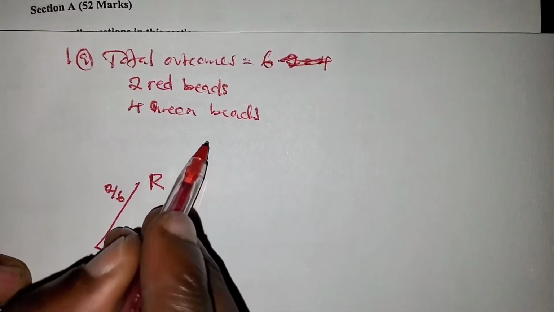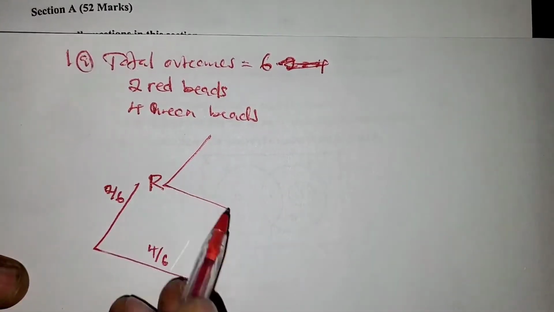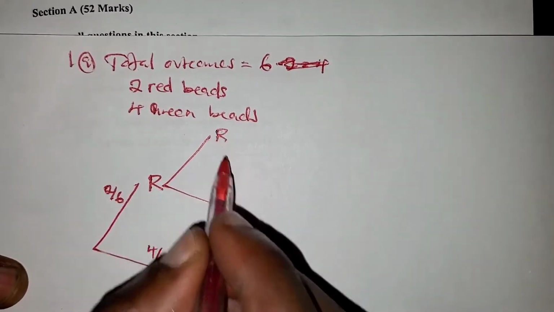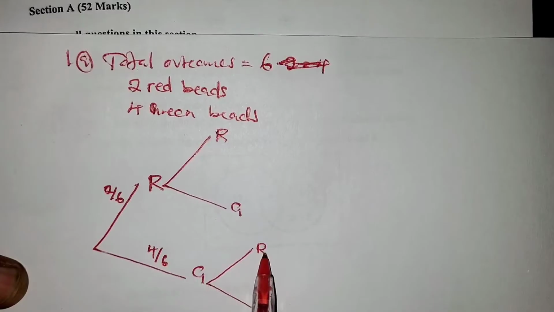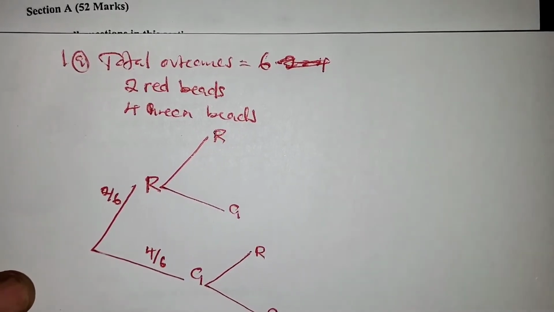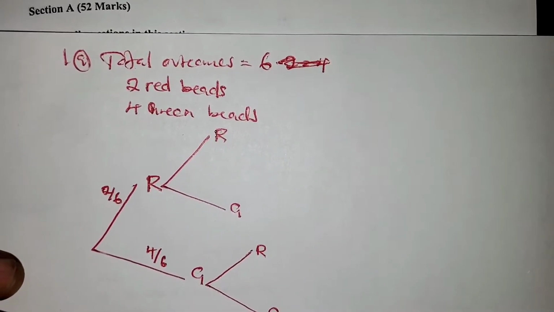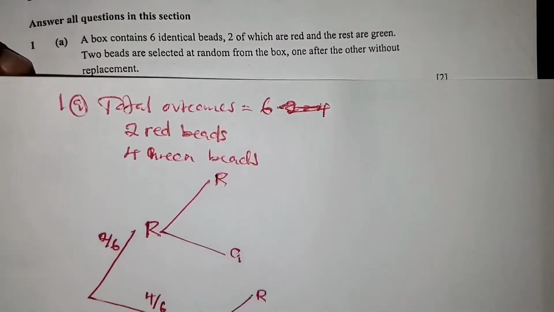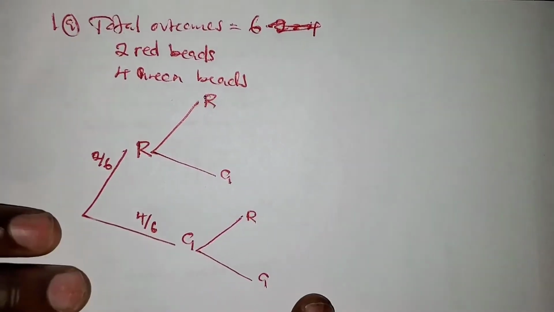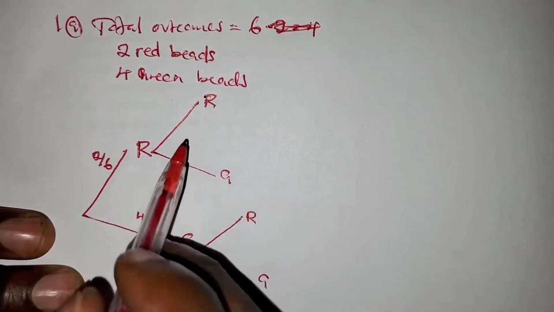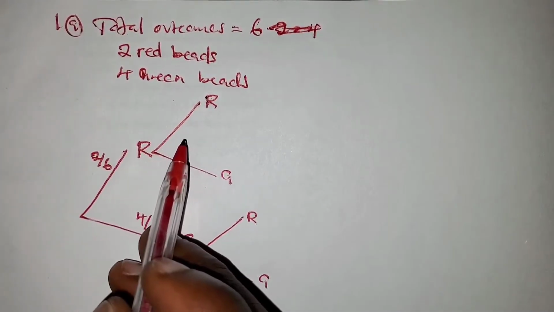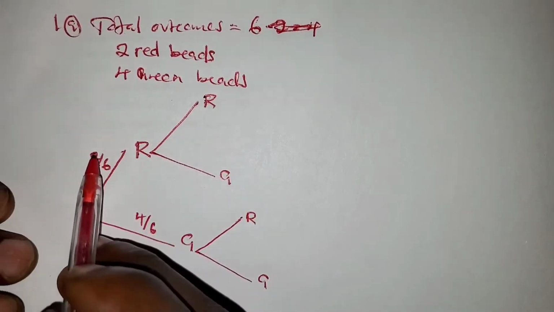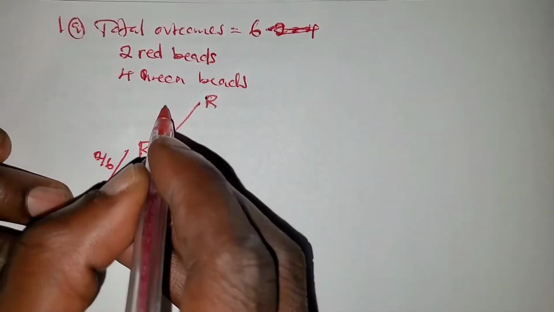Now the second picking, that's where the issue is. Let's draw the second branch. We have red, green, red, green. Let's assume that this is the second picking, and that the bead that wasn't replaced was red. How many red beads do we remain with? We remain with 1.